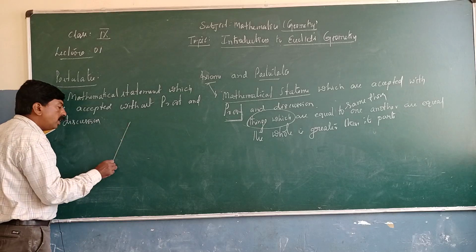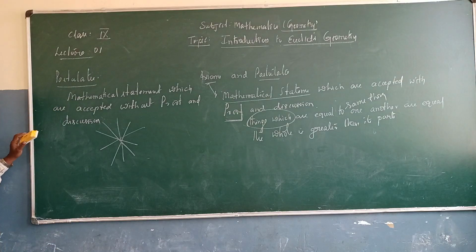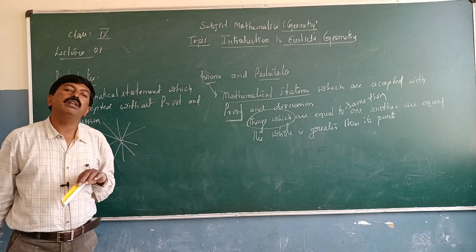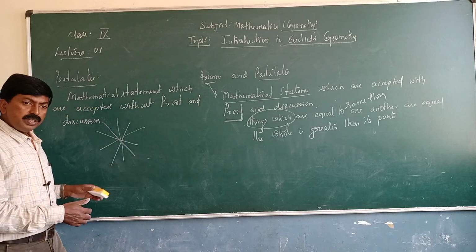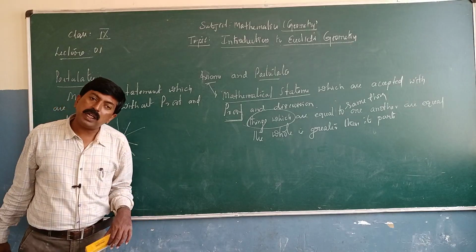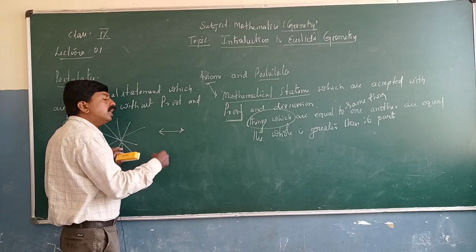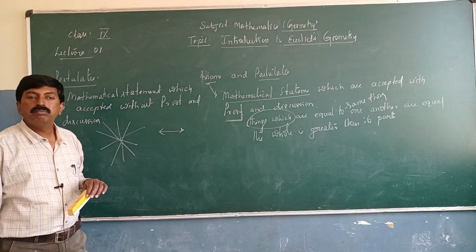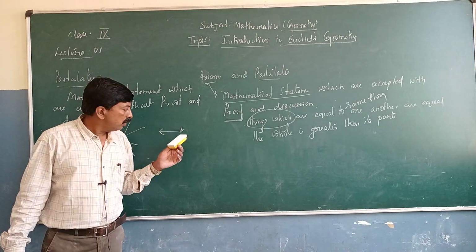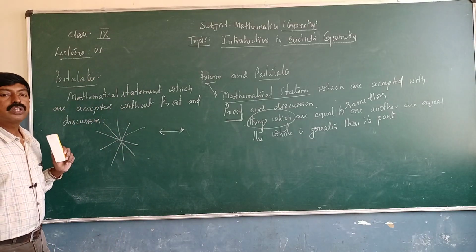On that point we draw a line like this. How many lines can you draw? Many lines. Is any proof needed, any discussion needed? Without writing also, we can accept that statement. Or, a straight line can be extended on both sides. For that, proof is not necessary, discussion is not necessary. Generally, we can accept such types of statements, and those are called postulates.